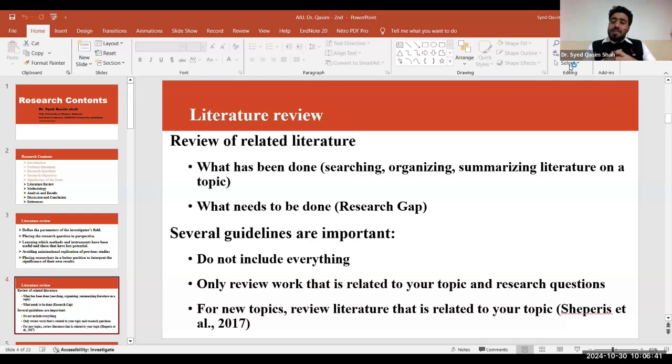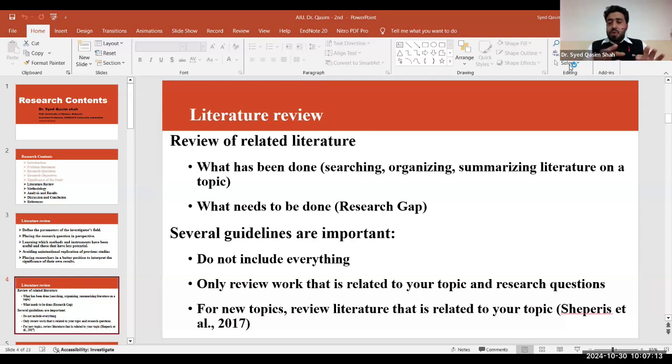Now we have to consider an important thing whenever we are talking about literature review, and there are certain guidelines. Let's say we do not include everything. If I go to research on any social issue, let's say social sustainability, we can find millions of studies on this. Literature review never means that we use everything. We only use the studies that are related to our particular topic and research question.